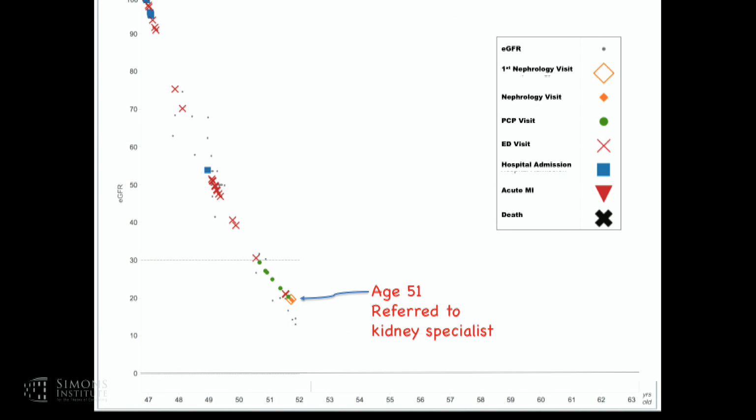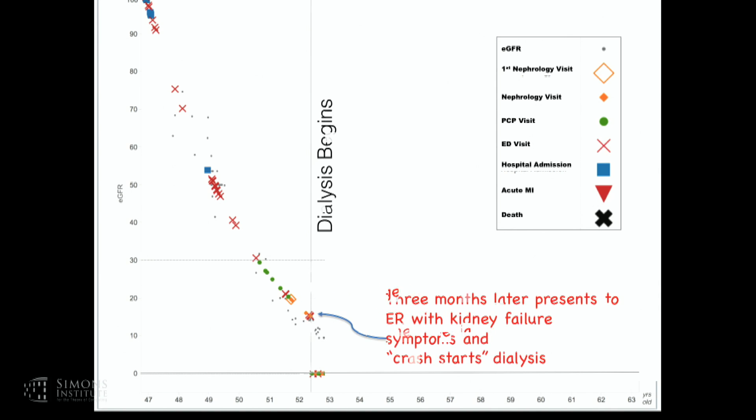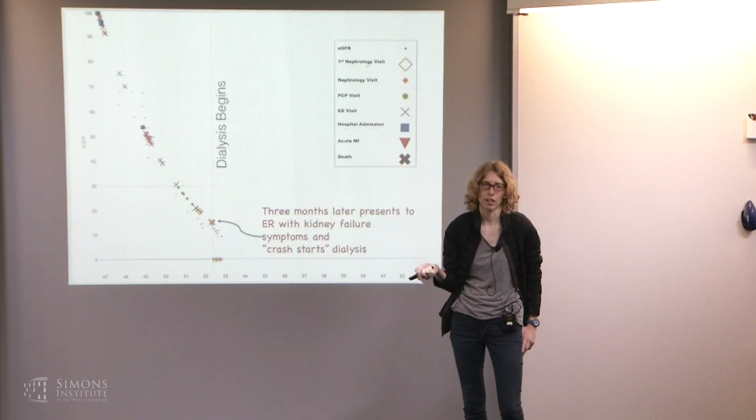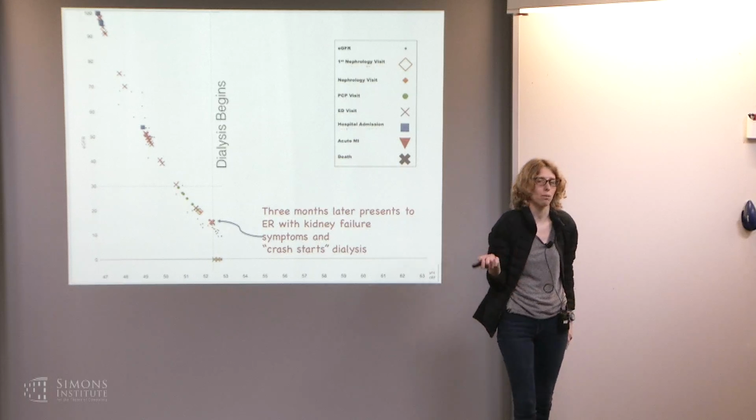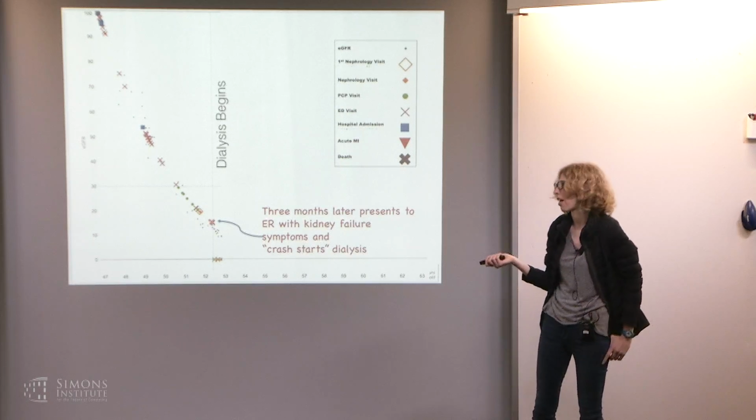Basically your kidneys can be functioning at 20% of what they're supposed to be before you'll even get the referral to nephrology. 3 months later, the person presents to the emergency room with kidney failure and crash starts dialysis. So why is this bad? This is bad because you need emergency dialysis, and people have to put all kinds of lines in your body which come with high risks of infection and other things.